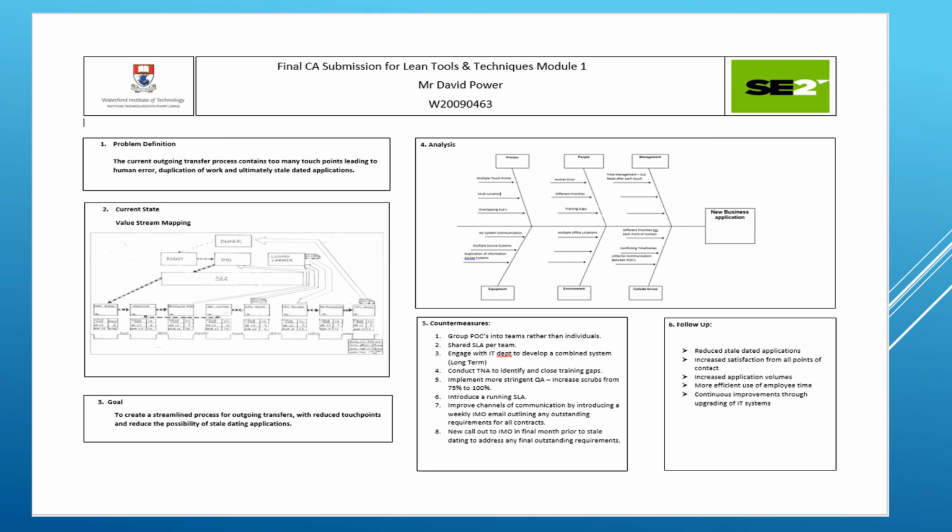Finally, if we look at the A3 itself, what our original problem was, our outgoing transfer, our current process was, we looked at reducing the number of touch points on our new applications. When we looked at the value stream map, we had an awful lot of potential for error.